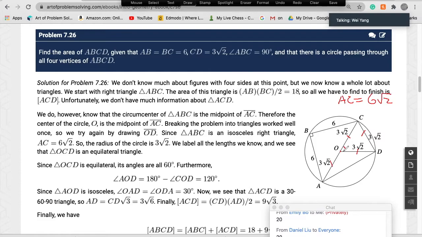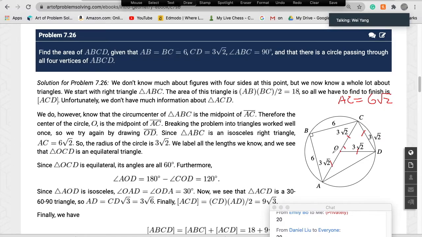Now let's say they ask you, A, where is the center? That's on the middle point, the same middle point of hypotenuse AC. B, what is the radius of the circle? We already got this one, it equals 3 root 2.